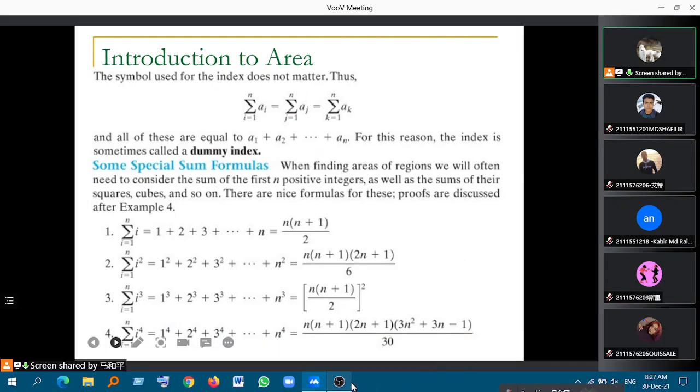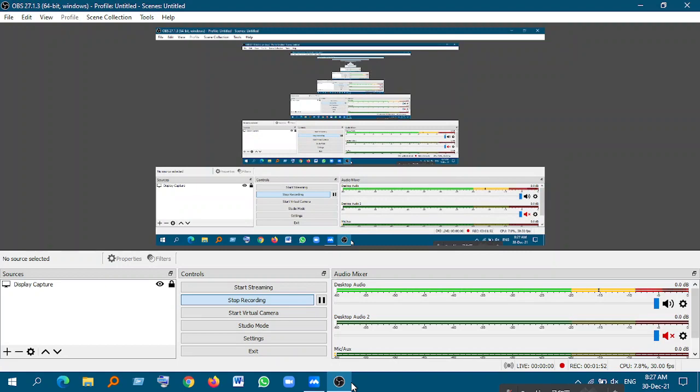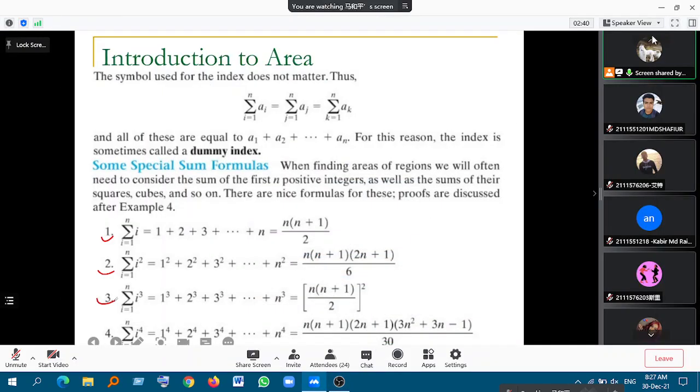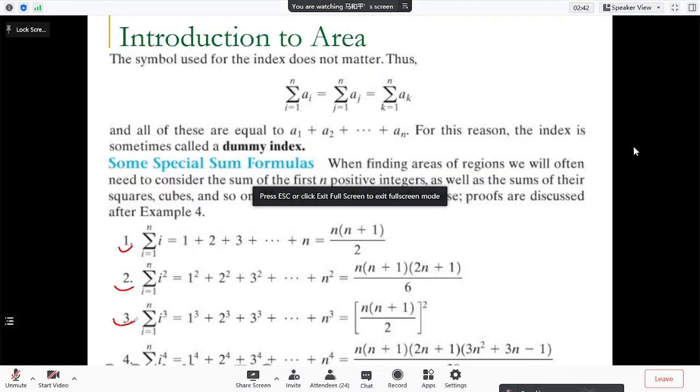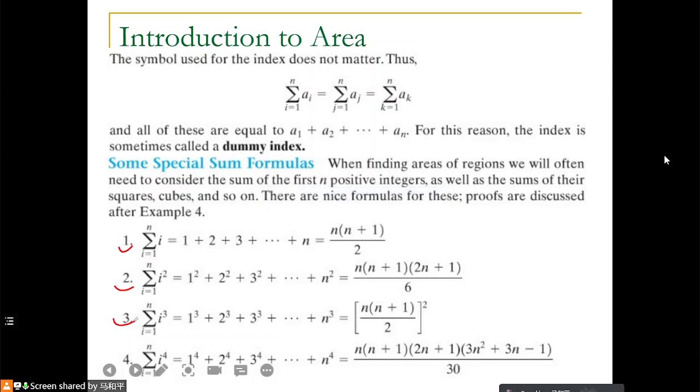Some special sum formulas, 1, 2, and 3. I think the first 3 formulas are important. The first one is sum of i, start with 1, ending with n. It's 1 plus 2 plus 3 plus 4, and so on plus n is equal to n times (n plus 1) over 2.